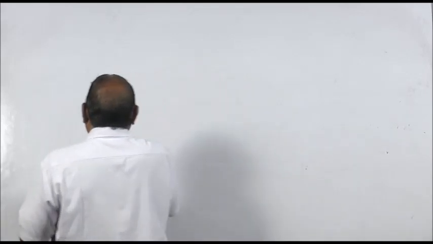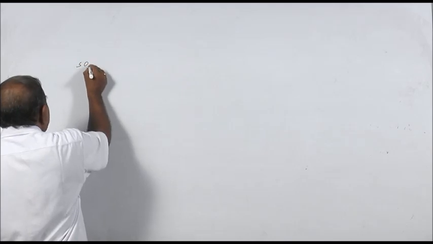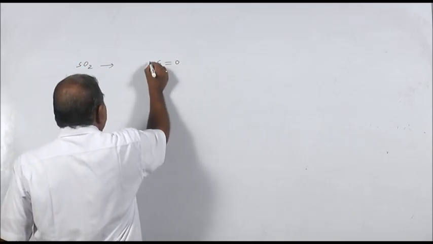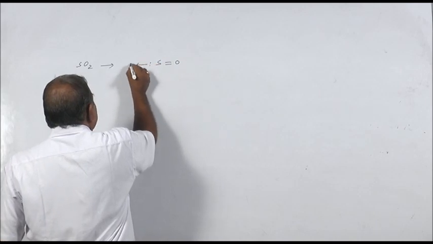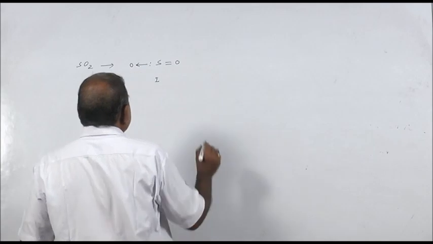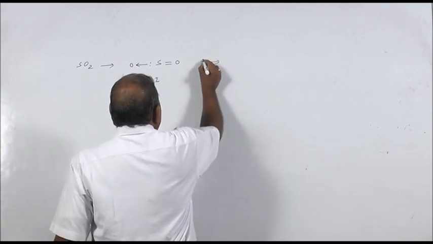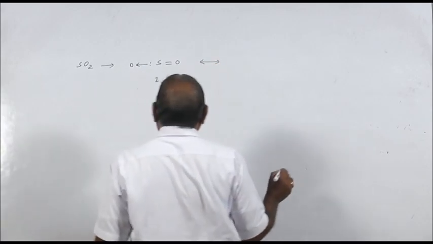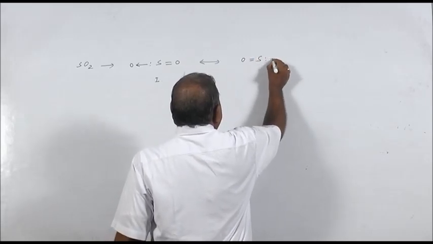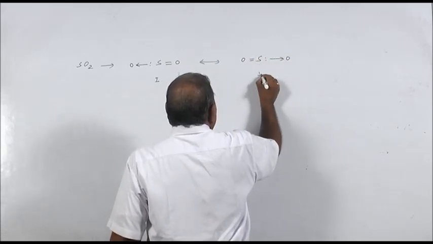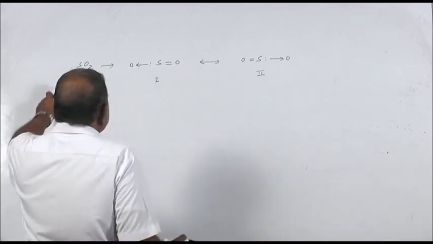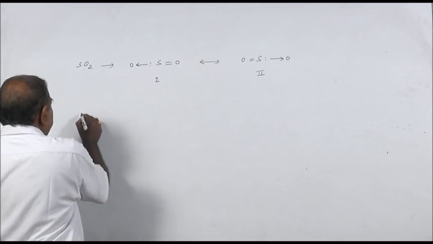Say for example, let us take sulfur dioxide, sulfur double bond O. There is a coordinate bond from sulfur to the other oxygen. So this is one structure. In between two resonating structures, a double arrow is given. Another resonating structure is this one. So compounds 1 and 2 are two resonating structures of sulfur dioxide.